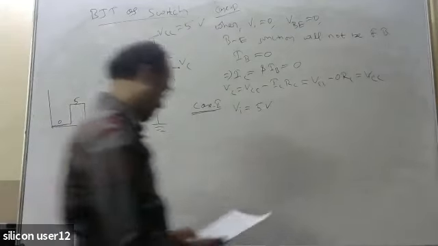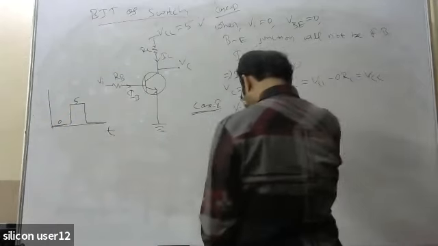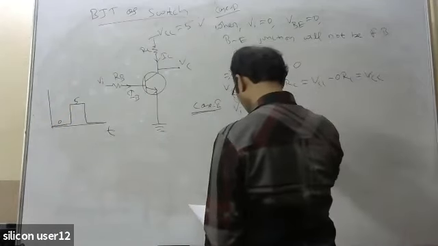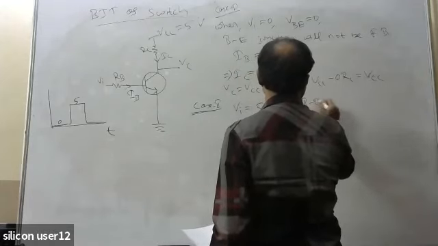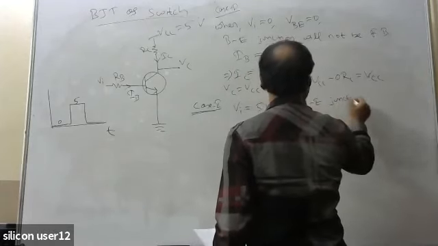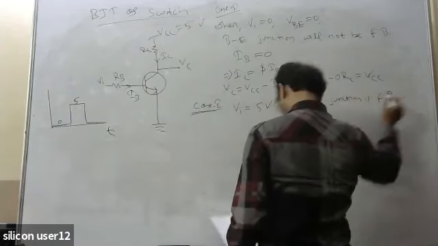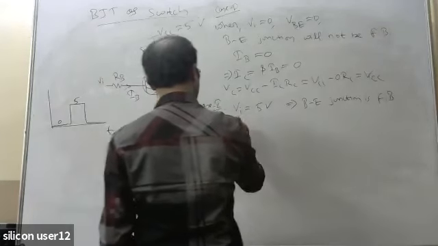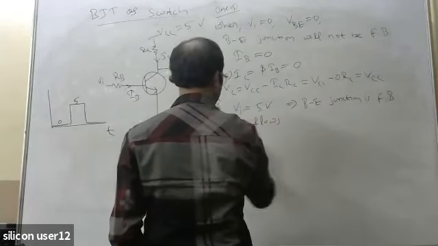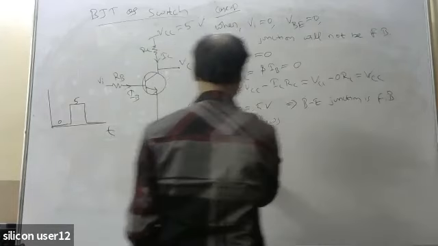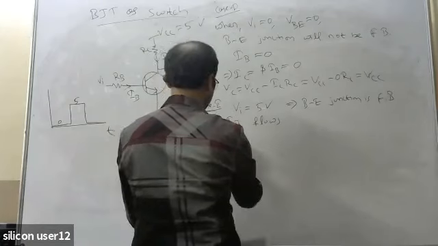So you can write down: VI equal to 5 volt, or maximum, implies the base emitter junction is forward biased. So IB is high, then IC is also maximum.